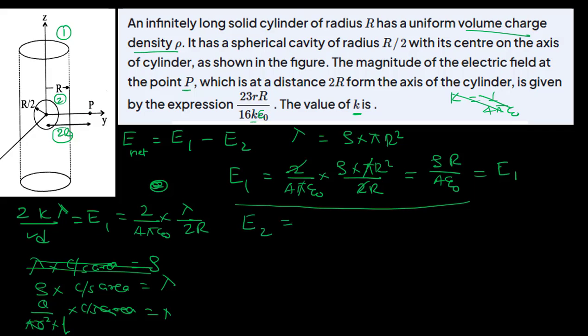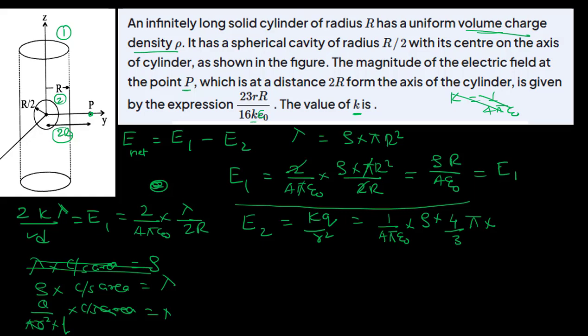Let us find out E2. Now E2 is the electric field at point P due to this sphere, and that formula is kq upon r squared. So k is 1 upon 4π epsilon naught. What is the charge q on this sphere? We have been given the volume charge density is rho, so the charge will be rho into the volume of the sphere, which is 4 upon 3 π radius cubed.